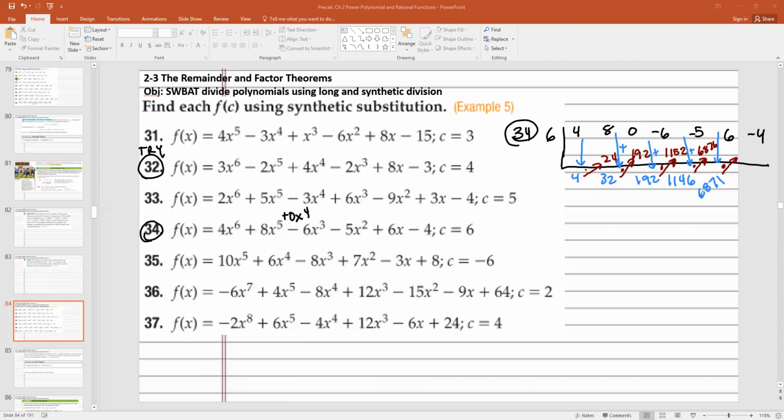So we have the 6,871 times 6. 6,871 times 6 is 41,226.